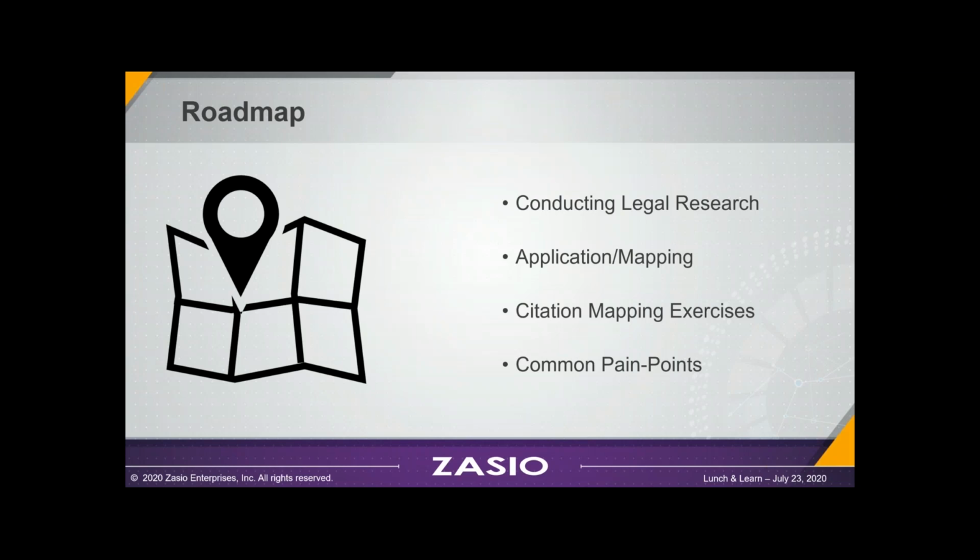So once all of the citations have been gathered, or you've narrowed down that pool of research that you're looking at for your organization, what are the methods for applying to the schedule? And then the actual analysis that goes into mapping or linking the citations to your retention schedule.